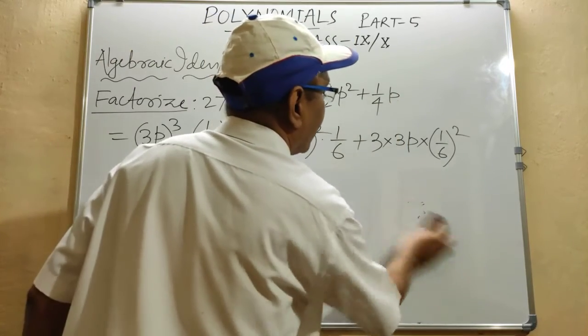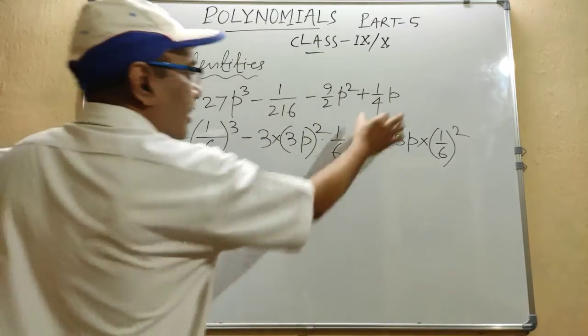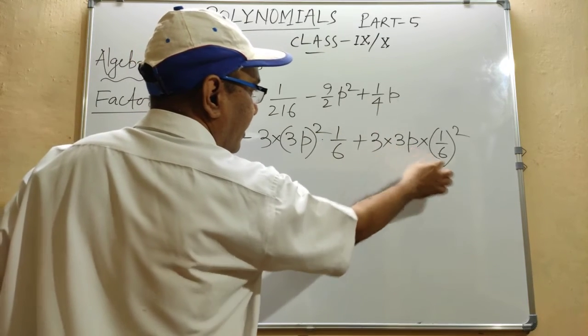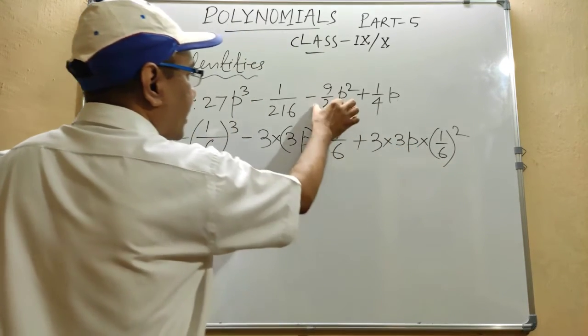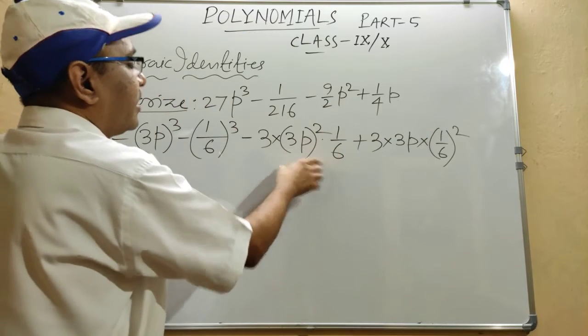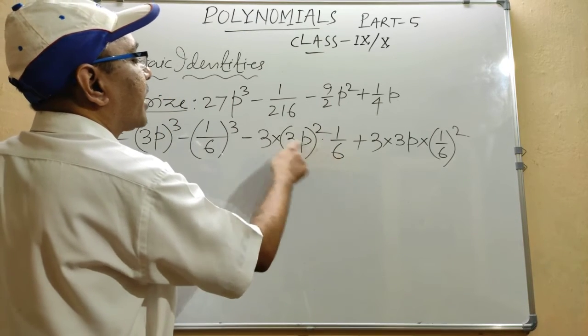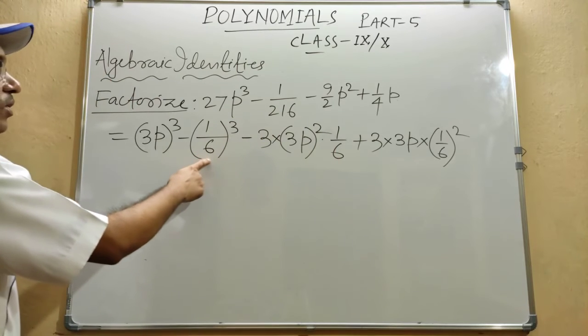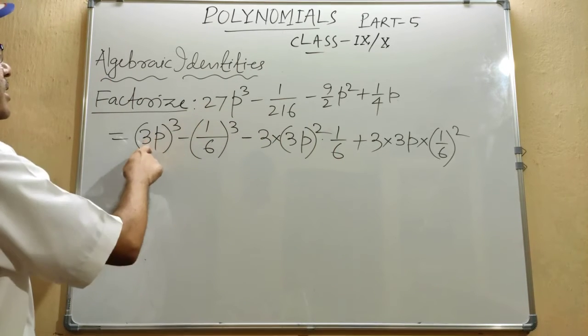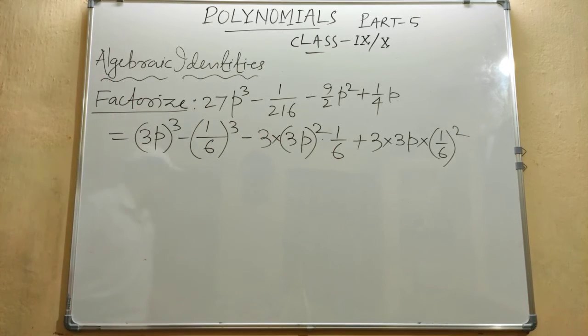Okay. So now you see properly. This is same as this. This is 9, this is 36. 9 4s are 36. It will be 1 by 4 p. This and this are the same. This is your 3 2s are 6, 9 by 2 p square. And this is 1 by 6 whole cube. And this is 3p whole cube.